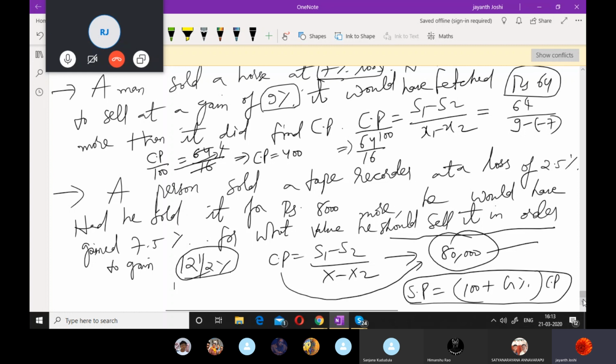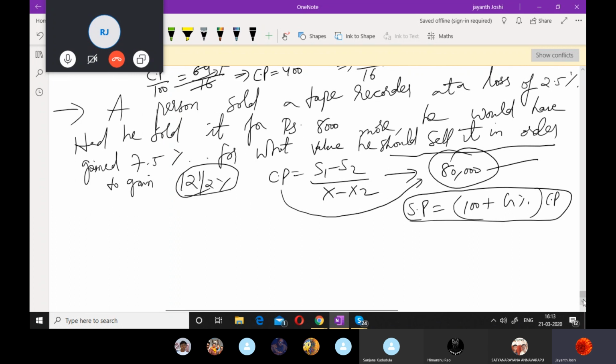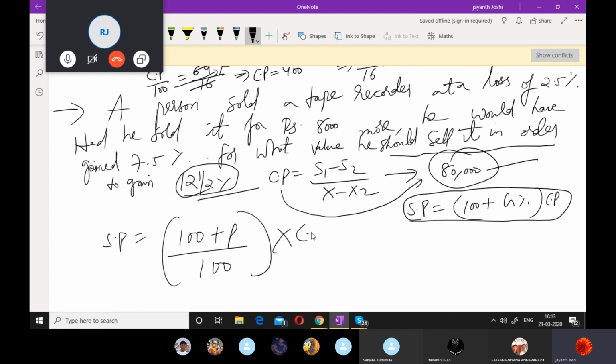So I was telling you something. If you are getting confused with this formula, you write on this formula. It's very simple to find out. See, the formula is, when you have the profit percent and cost price, which in this question is 80,000, SP is equal to (100 plus profit) divided by 100 into cost price.